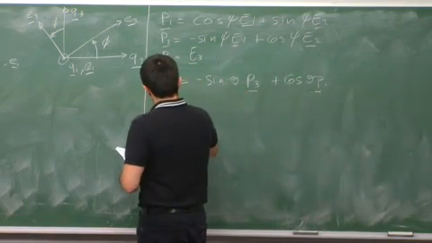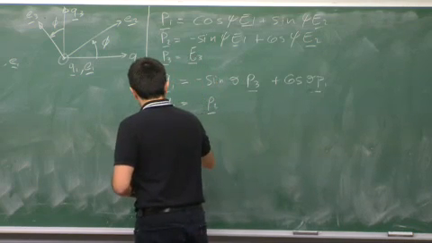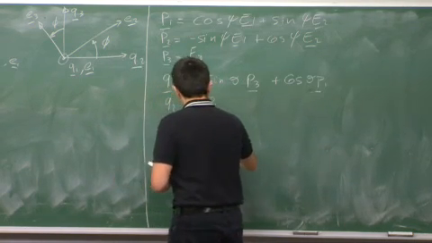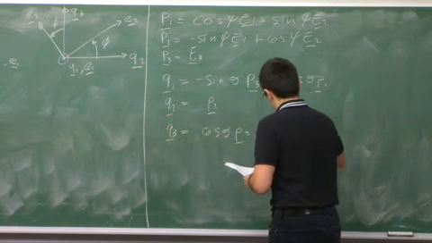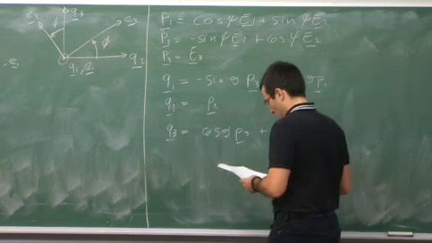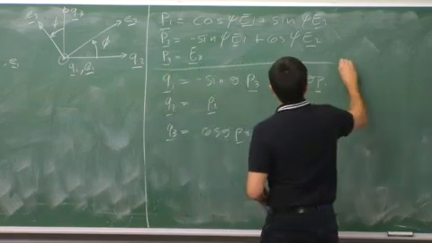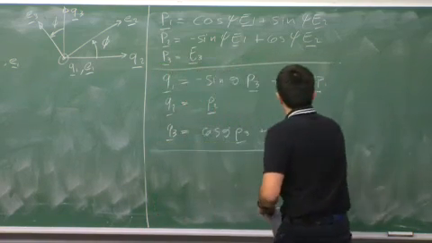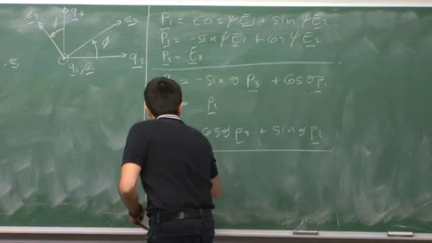We have Q2, which is P2, and then Q3, which is going to be cosine of theta P3 plus sine of theta P2. And the last one, I'm hoping to write everything in the same column here. Little e1 is Q1.